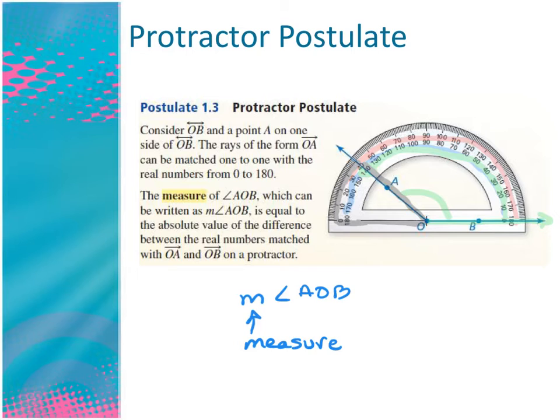So this side of the angle, and if we put another point here, let's say this is D, I could say that the measure of angle DOA would be 40.